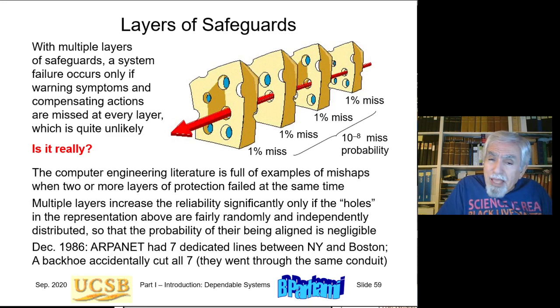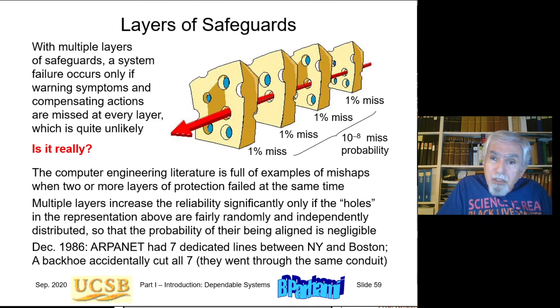If these holes are random, then it's extremely unlikely for them to line up the way shown in this diagram. So this is sometimes modeled or analyzed in the following way. Suppose we say that each of these sheets has a 1% probability of not stopping a bullet.